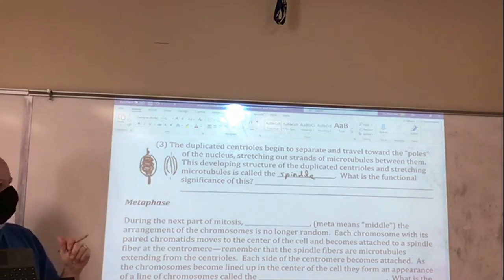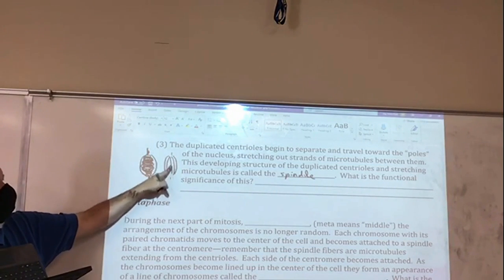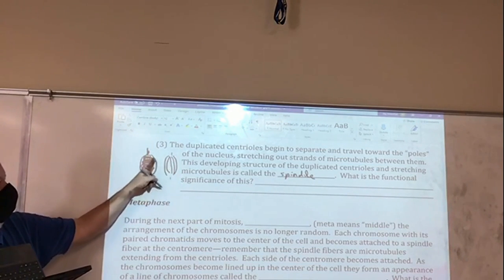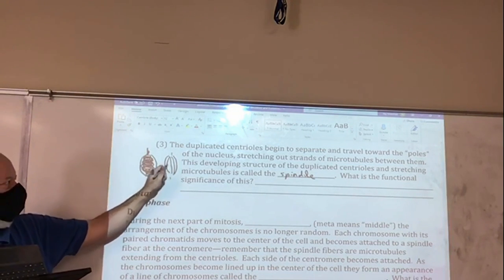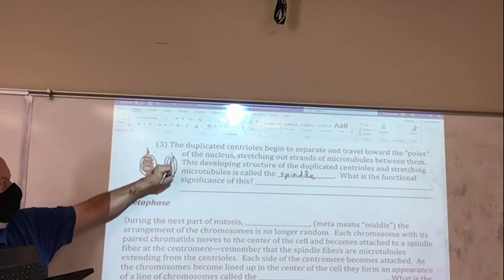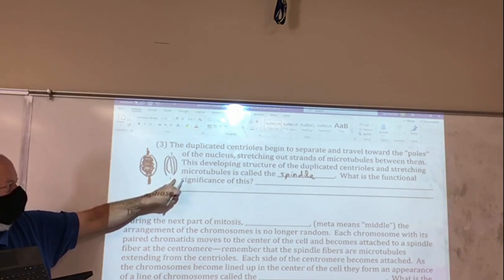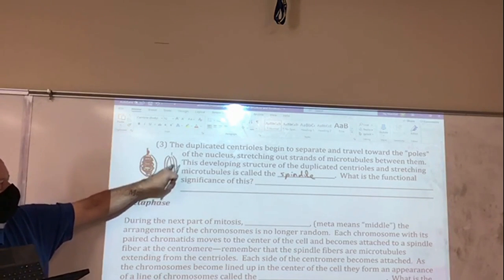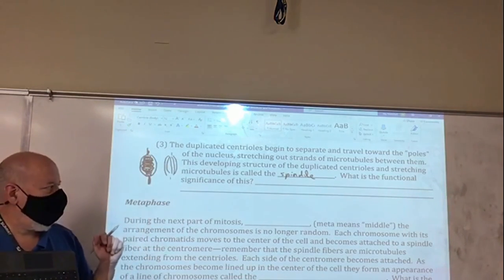It's not really, because the yarn is stretching out in the wrong direction here, right? Because on a sewing spindle, the yarn is around it, but in the spindle of the mitotic figure, the microtubules are stretched out longwise, aren't they?